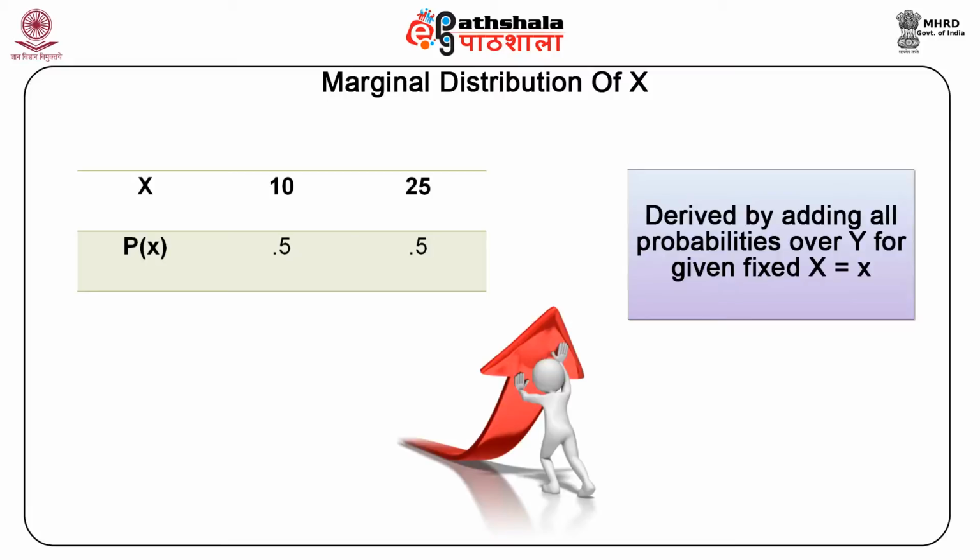Similarly, for x equal to 25, we add for y equal to 0, 10, 20. That is, p(y=0) plus p(y=10) plus p(y=20), which is equal to 0.05 plus 0.15 plus 0.30, which is equal to 0.5.